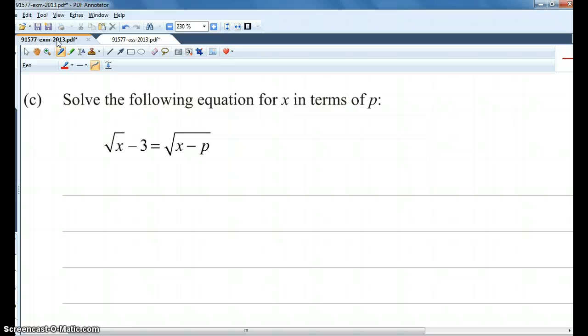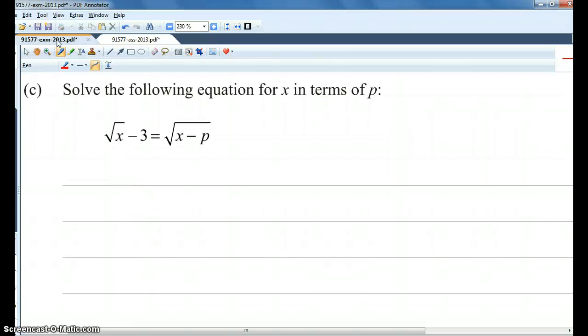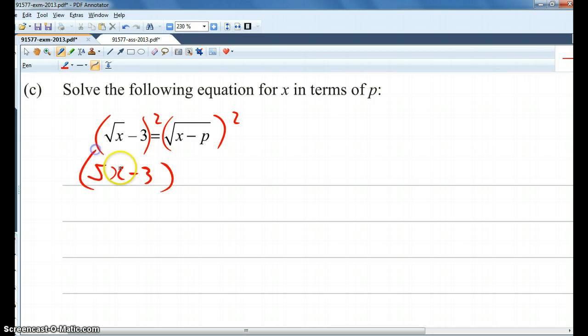Solve the following equation for x in terms of p. I want to make p the subject of that formula. No, I want to make x the subject of the formula. Okay, I'm going to square both sides, and then I get square root of x minus 3 times the square root of x minus 3 equals x minus p, right?